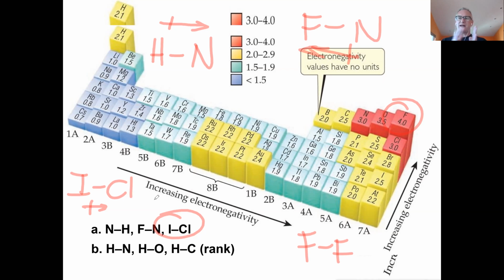Electronegativity is the difference in electronegativity between two atoms that are bonded together, right? If you don't form any bonds, you can't have any electronegativity. So helium and neon and argon don't form any compounds, and so you can't measure their electronegativity because they don't ever share electrons with anybody.